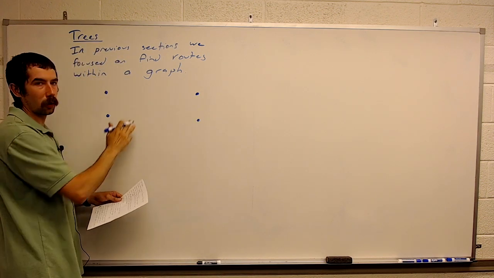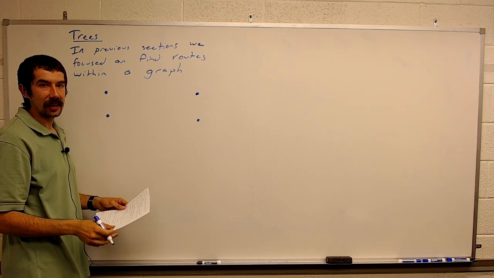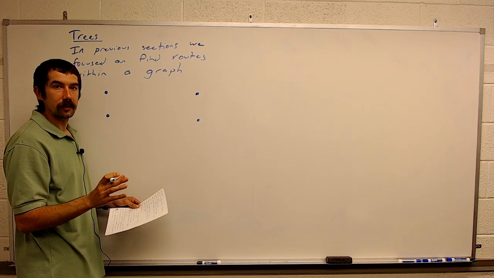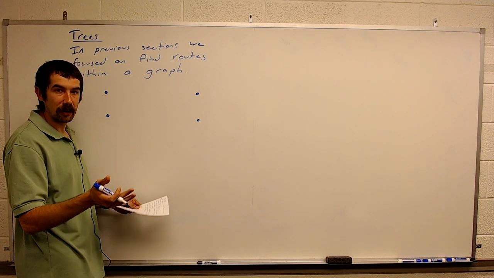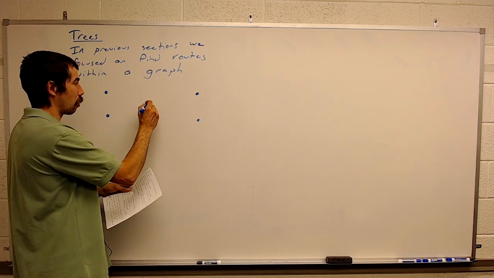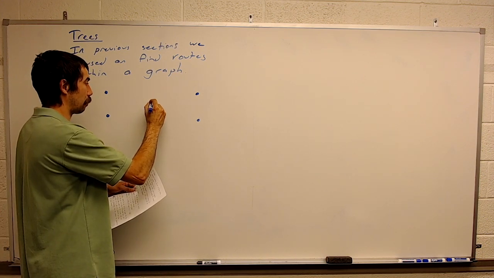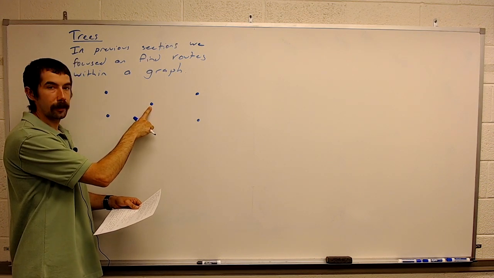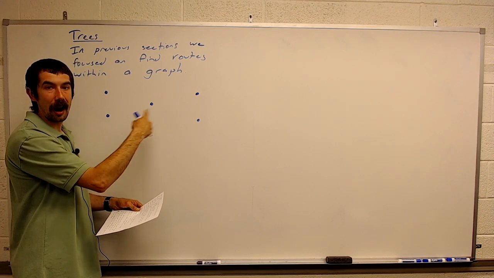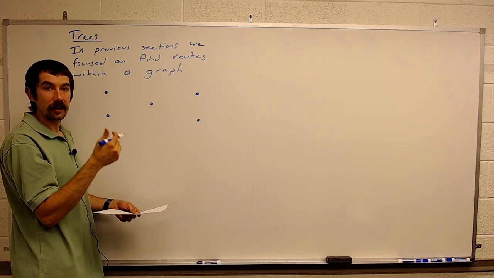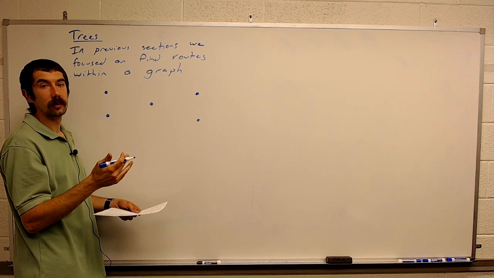So these are like the employees' desks, and maybe they have some sensitive information. So we don't want to be using Wi-Fi because that could be compromised. And so we're going to hardwire their computers to some central server. Okay, and so the question is, how do we lay down the wiring to make it as cheap as possible?